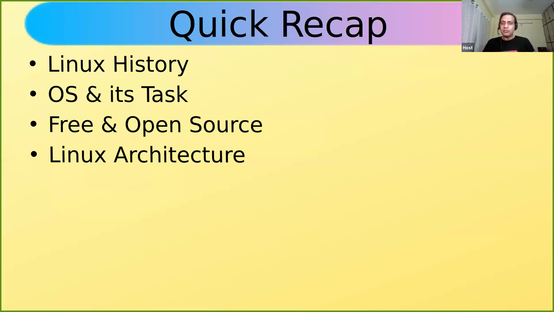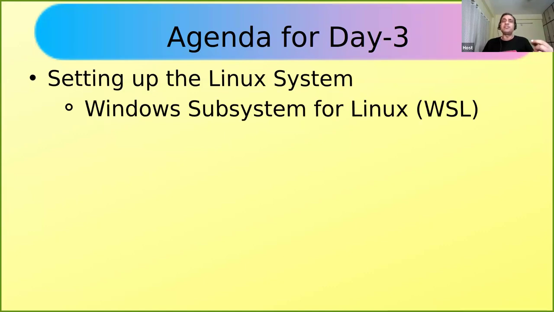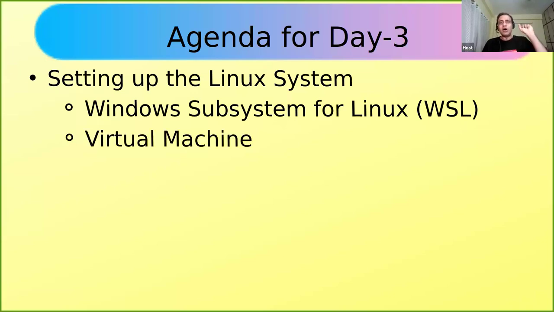So what we are going to see today is the various possible ways to set up the Linux system. Windows Subsystem for Linux is what we are going to see first. That is one of the easiest ways to have Linux with your Windows machine. The next possible way is the virtual machine, where we are going to see all the steps involved in installing and setting up a virtual machine.